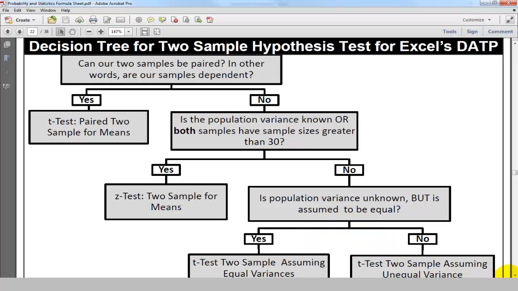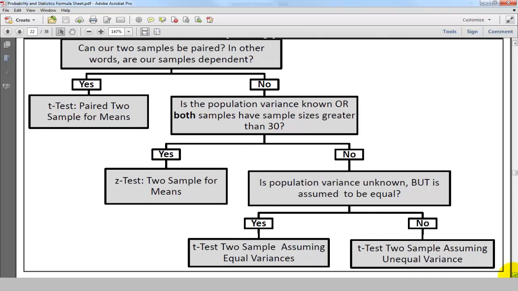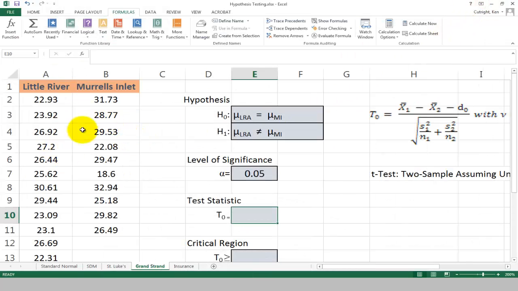And if we go further into this formula sheet, you can actually find the formulas for how you calculate the t-value. I'm not going to do that right now because, in fact, Excel will do that for you. So let's go back and take a look at our data.